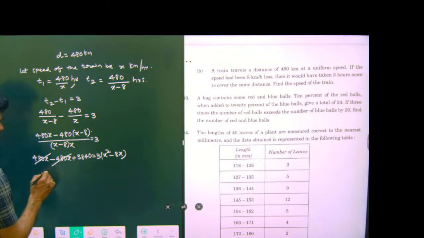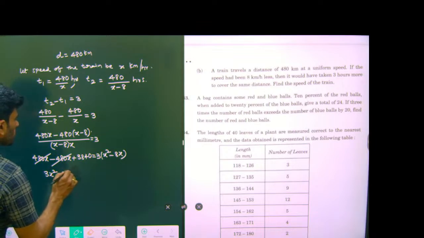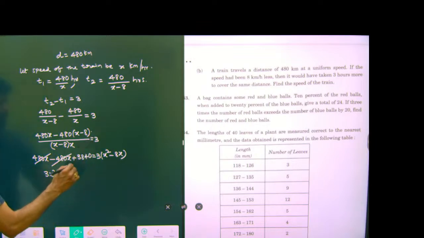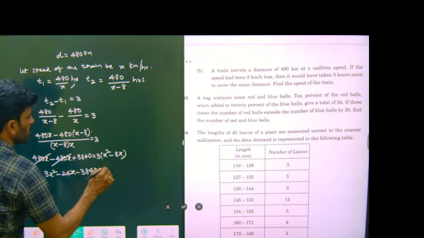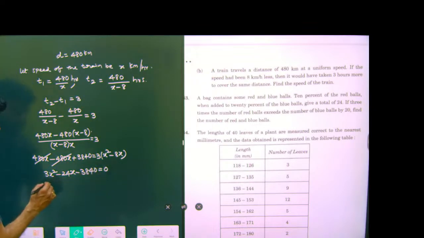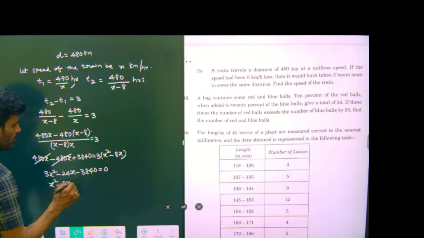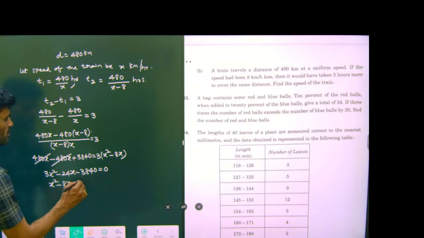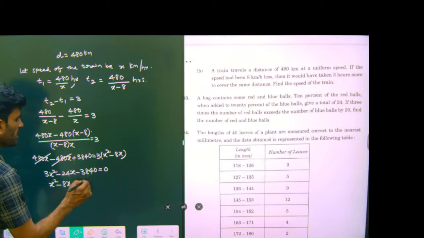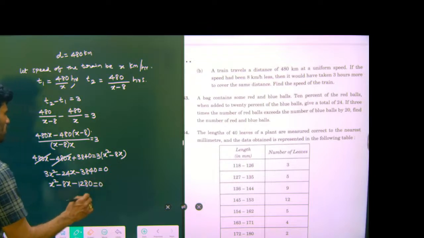Our equation will be 3x square minus 24x, and this 3840, if you transpose that side, minus 3840 is equal to 0. Everywhere we can divide by 3, then we get x square minus 8x minus 1280 is equal to 0, since 3 1s are 3, 3 2s are 6, 3 8s are 24. This is the quadratic equation.